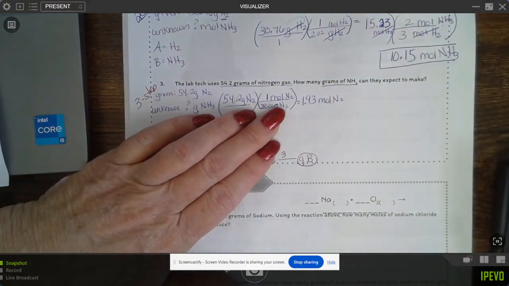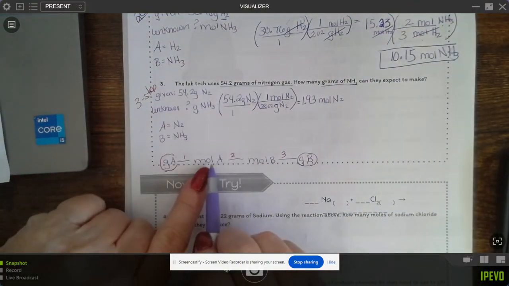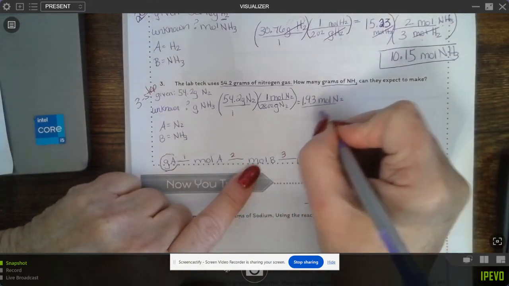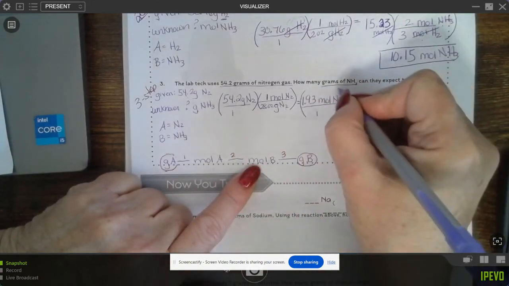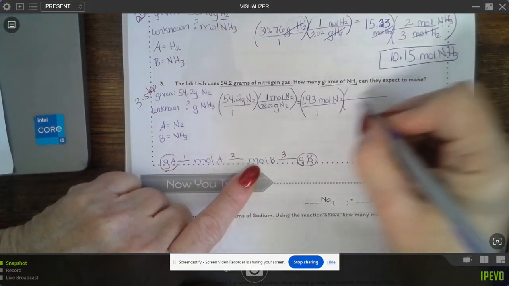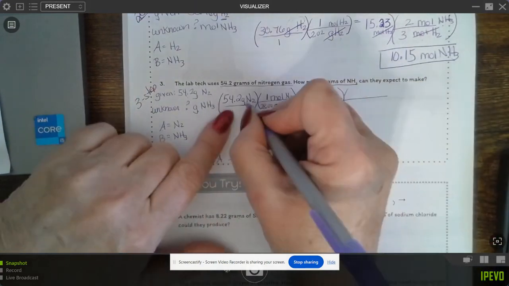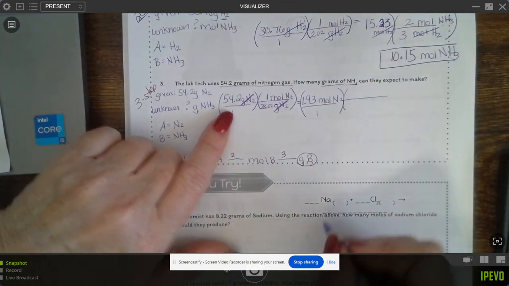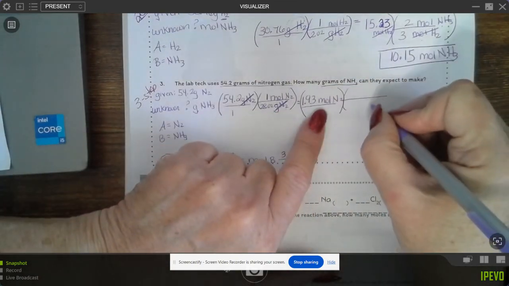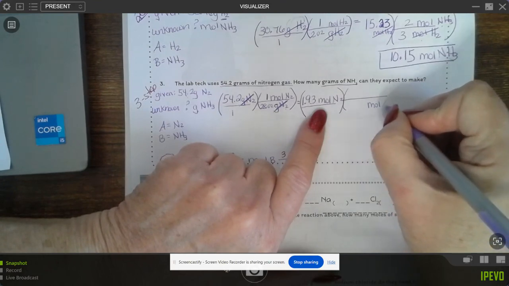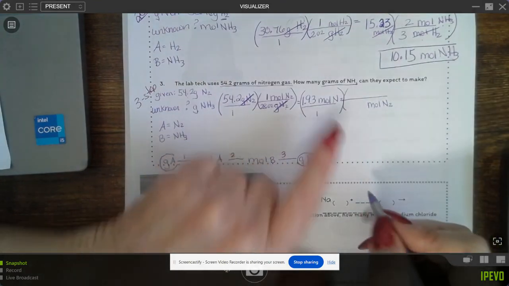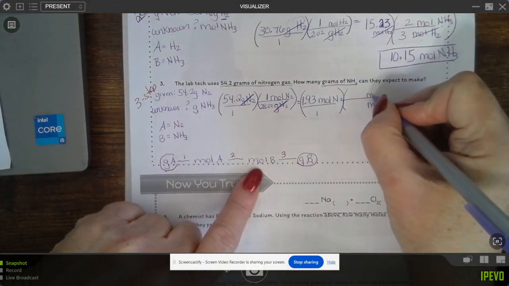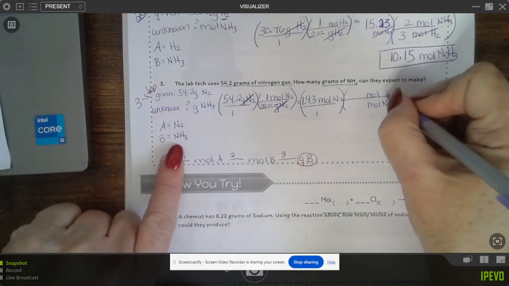The next step is going to go from moles of A to moles of B. So this is my given for that problem. Remember, you guys, units have to cancel out, always. That's why we know that moles of N2 has to go on the bottom. In this step, we're trying to get to moles of B, and B is NH3.